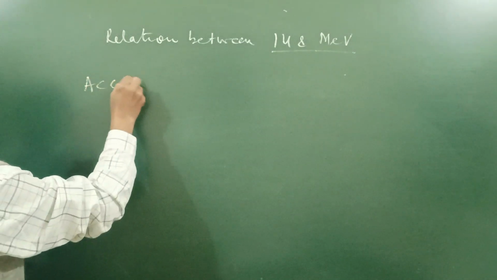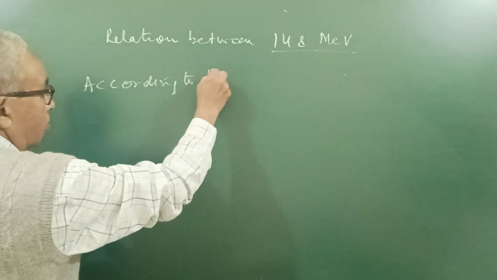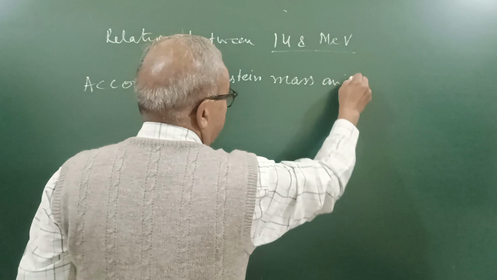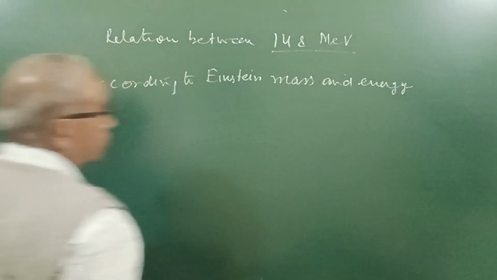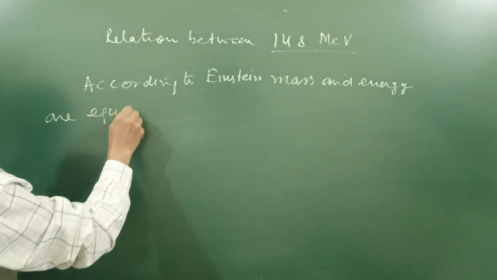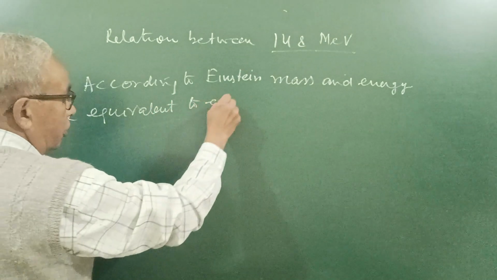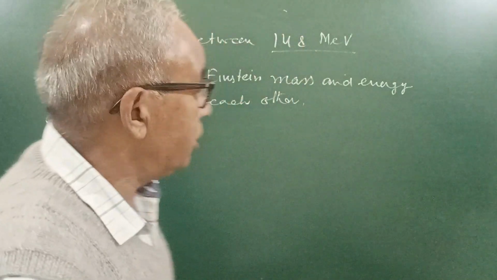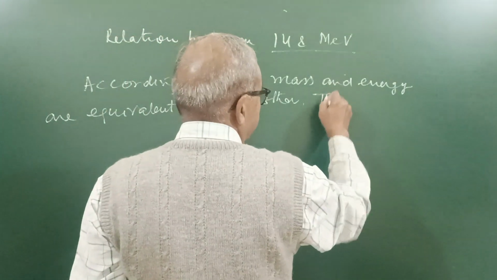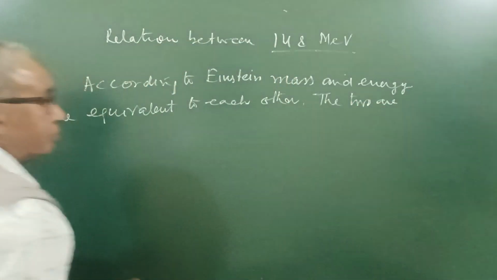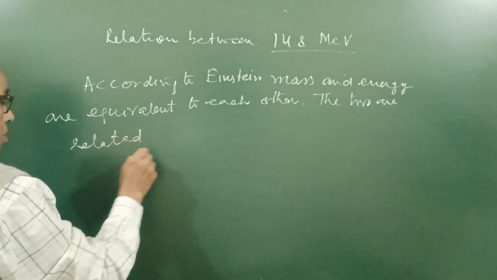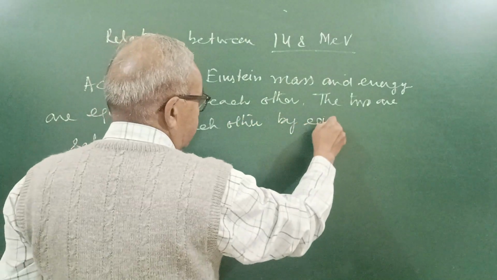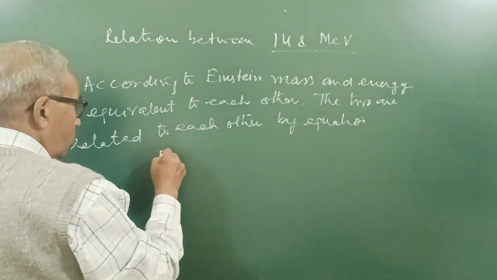According to Einstein, mass and energy are equivalent to each other, and the two are related to each other by the equation E equal to mc square.